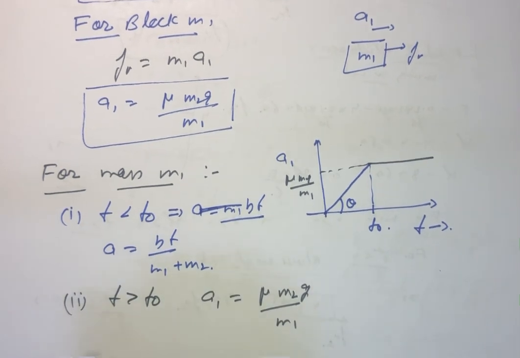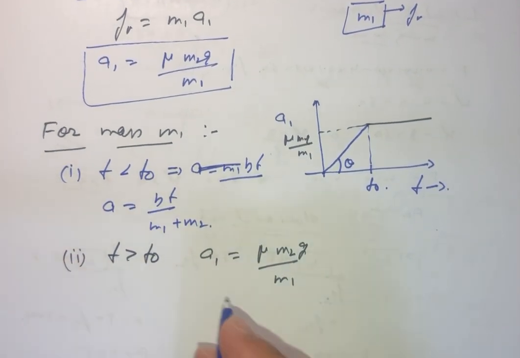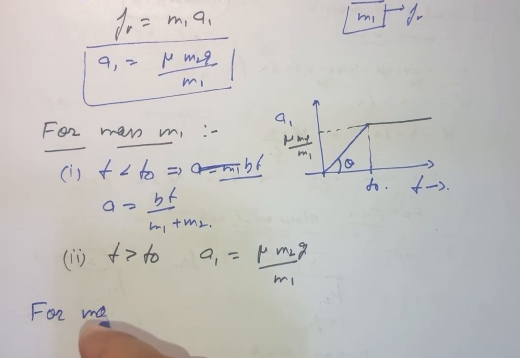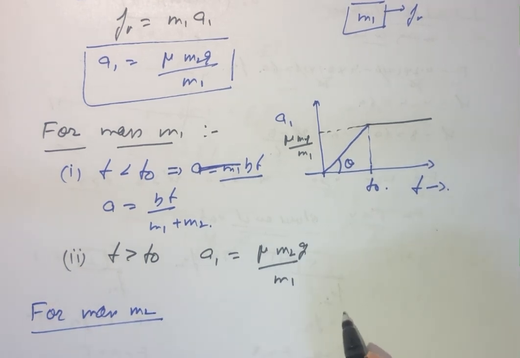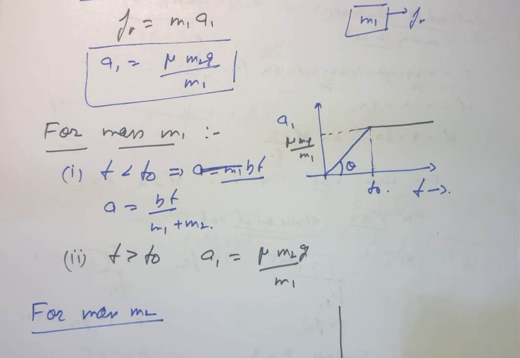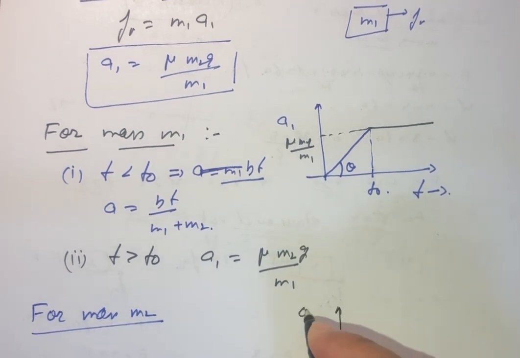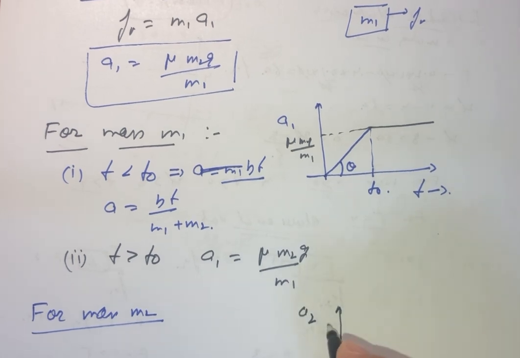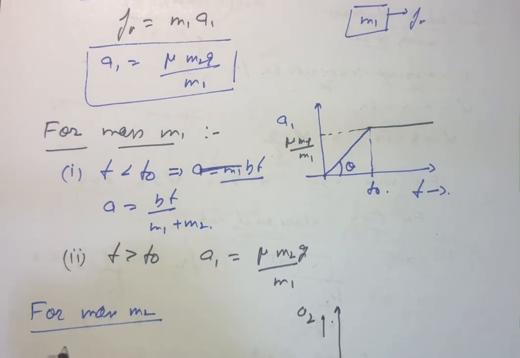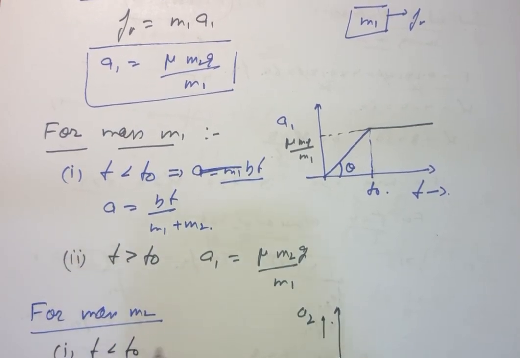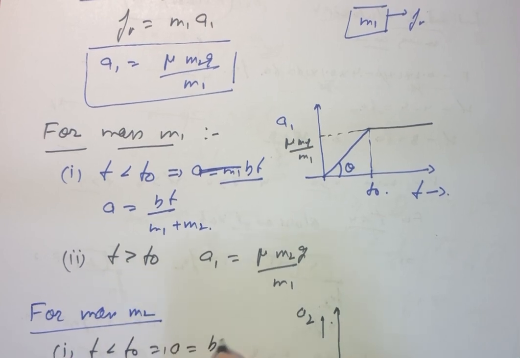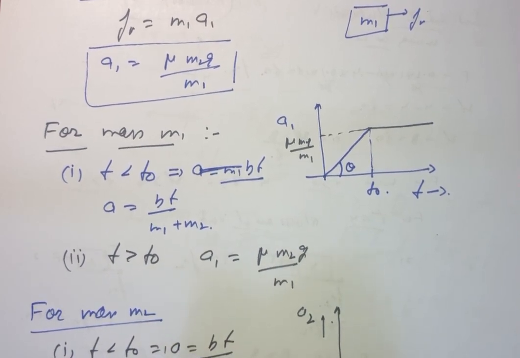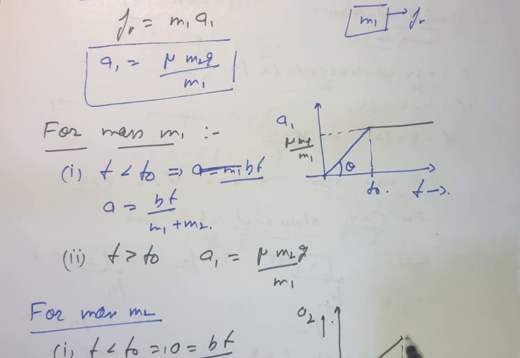Similarly, we can draw for mass m2. Once again we have time and acceleration a2, and we divide this at t naught into two parts. For t less than t naught, the acceleration is given as bt divided by m1 plus m2, which is the same as the previous one.